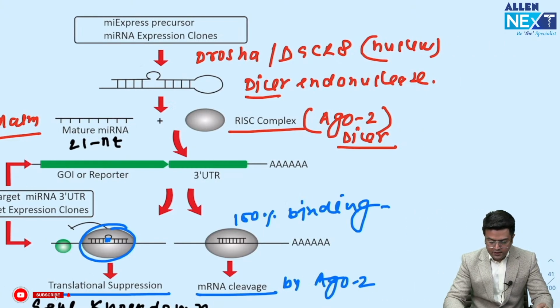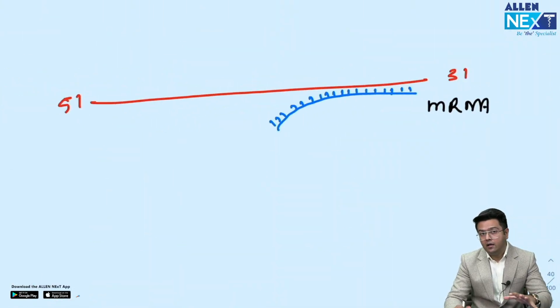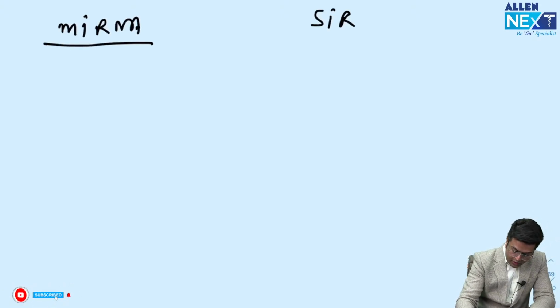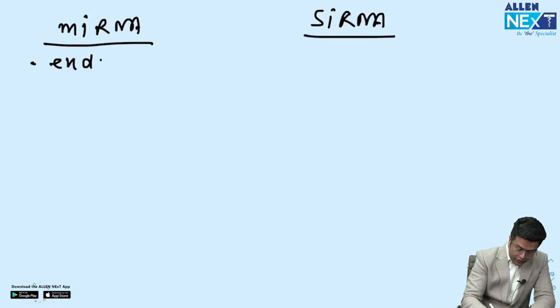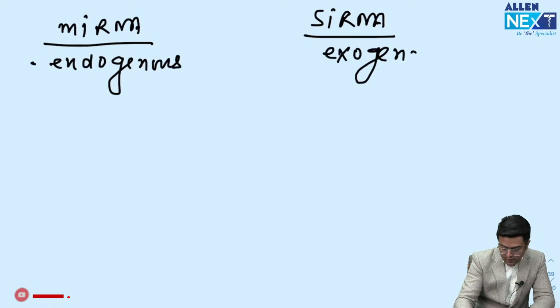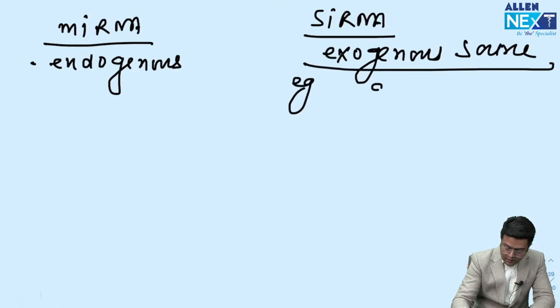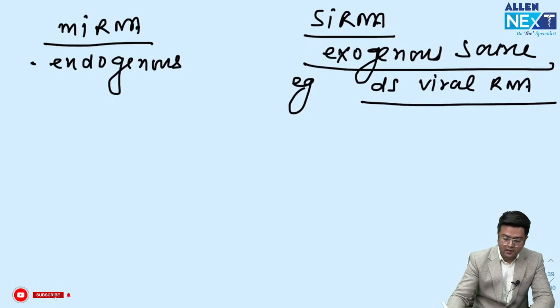So guys, what is the difference? Students ask me sometimes, what is the difference between microRNA and siRNA? That we should also know. So there are two terms, microRNA and short interfering RNA, right? Guys, microRNA is produced endogenously, that means inside the cell. This is having an exogenous source, for example, double-stranded viral RNA gave rise to siRNA.